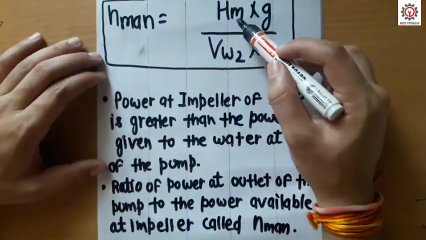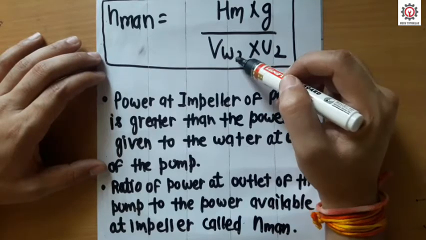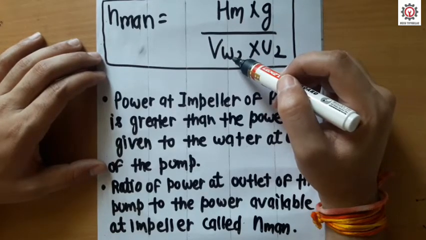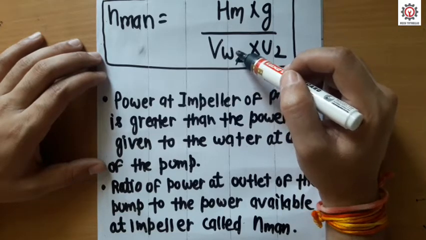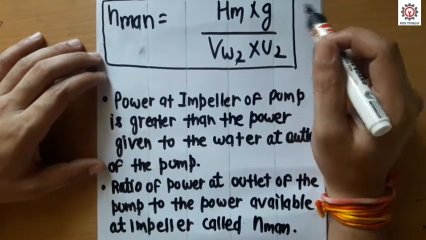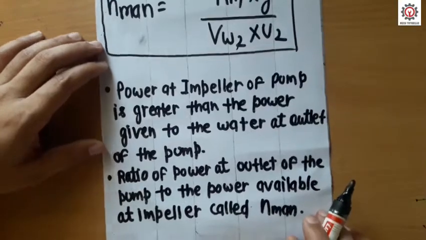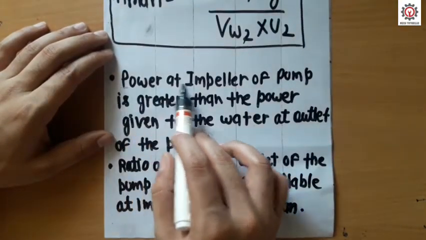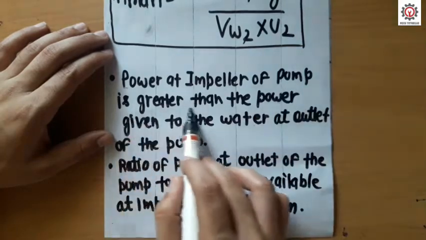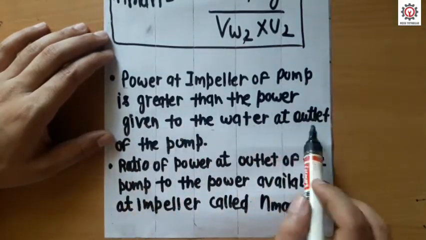Here Hm is the manometric head, g is the gravitational constant, Vw2 is the whirl velocity of the impeller, and U2 is the tangential velocity of the impeller at outlet. So what is the physical meaning? We note that the power at the impeller of the pump is greater than the power given to the water at outlet.